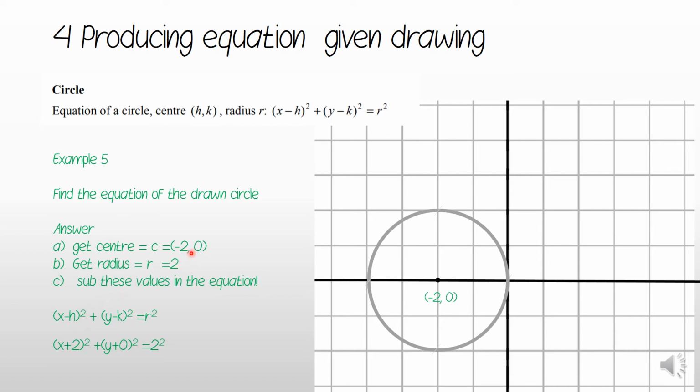So we take the center, we have -2, we sub it in for h, so it changes its sign, remember, so the -2 becomes +2, and then for k, the 0 remains 0, and then r, so our radius we found it's 2, but the general equation needs r squared, so we're going to square that, so 2 squared. So the last step is just to tidy this up, so square the 2. So we get (x plus 2) squared, and then y plus 0 is the same as y squared, as we've seen before, equals 4. So that will be the equation of the circle here.